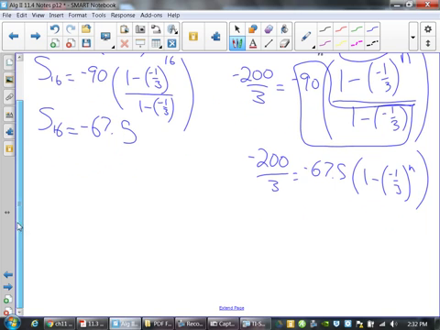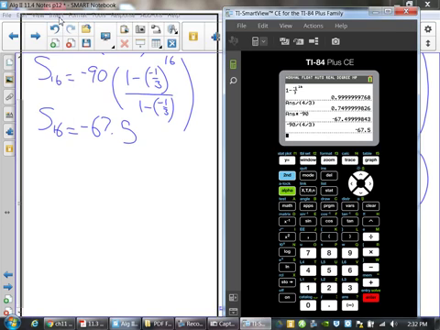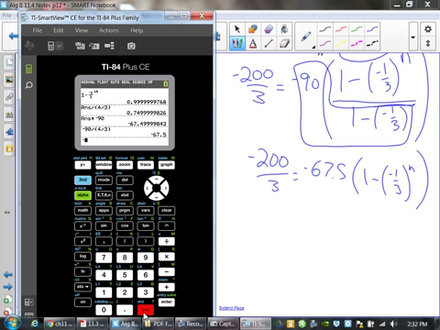Which means I have to take the negative 200 over 3 and divide it by negative 67.5. And I get another crummy number. You okay with that?